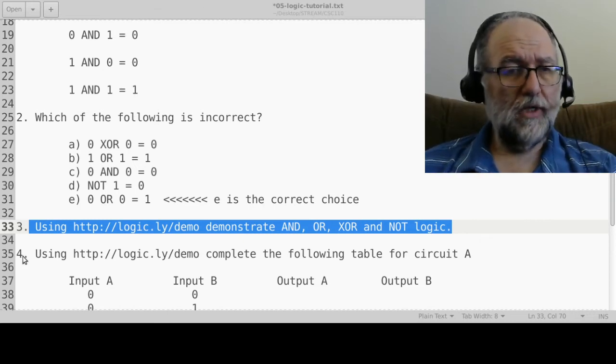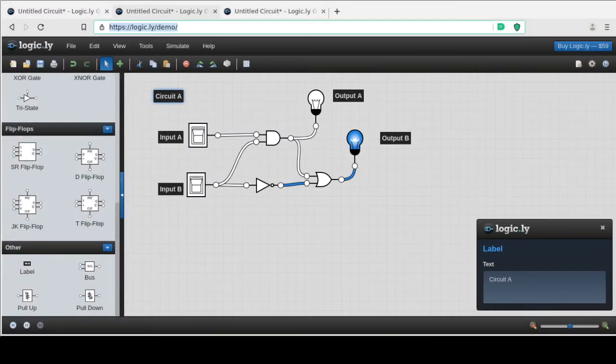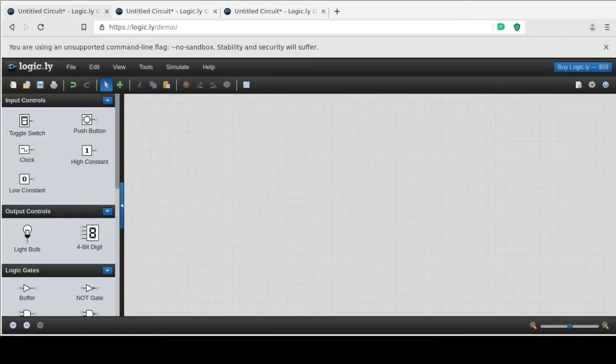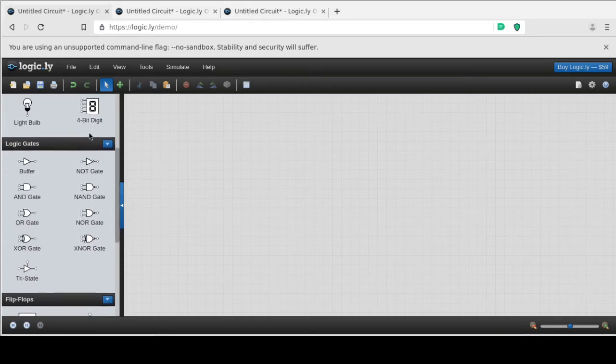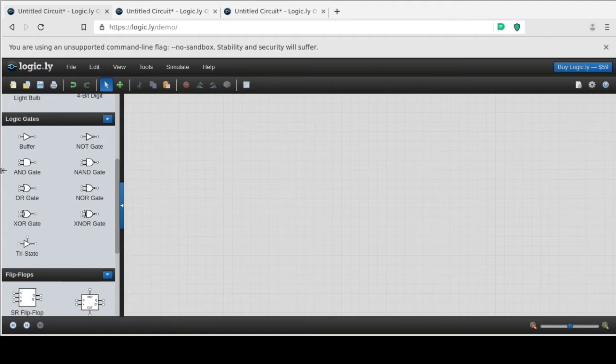Okay, so I'm going to switch here to logic.ly. Actually, that's for our second problem. Right there, like that. Okay, and the question was demonstrate AND logic using logic.ly, the website. All right, and so over here you have to identify which is the AND gate. Okay, now they're labeled, so that's pretty easy to do. You see here how it says the AND gate.